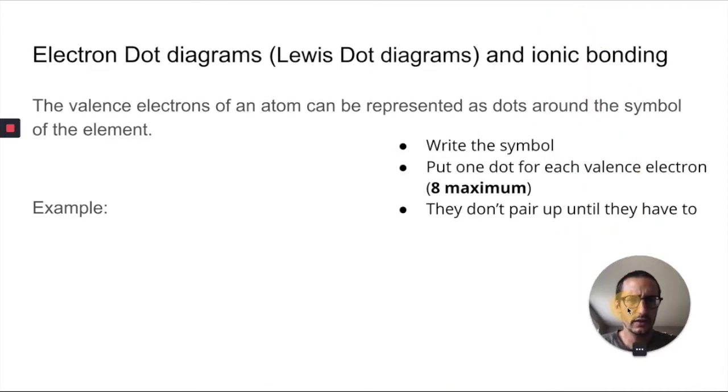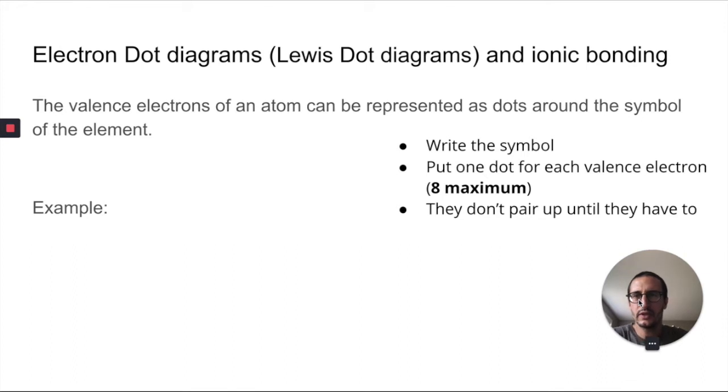I do want to talk just a little bit about what we refer to as Lewis dot diagrams, or sometimes electron dot diagrams, and how we can use these to show ionic bonding. So, first, the valence electrons of an atom can be represented as dots around a symbol. And this is how this looks.